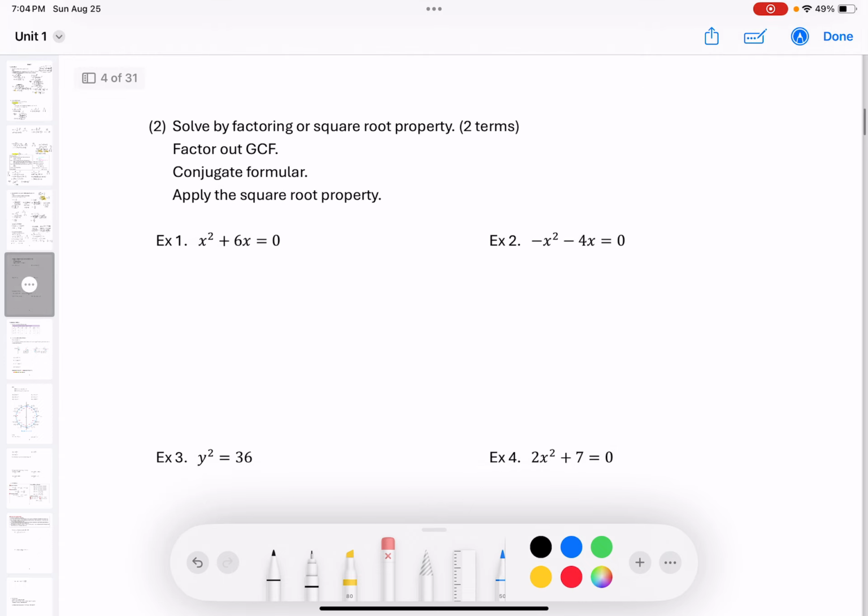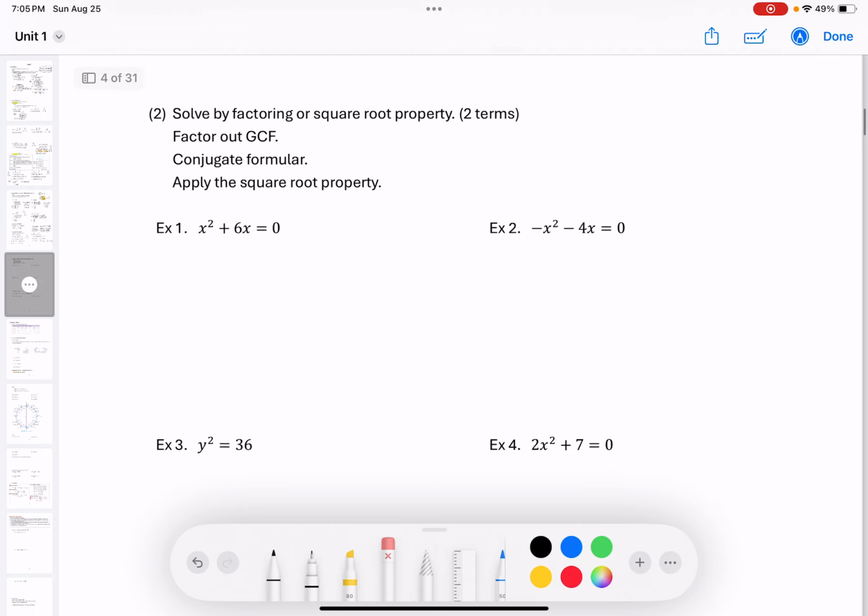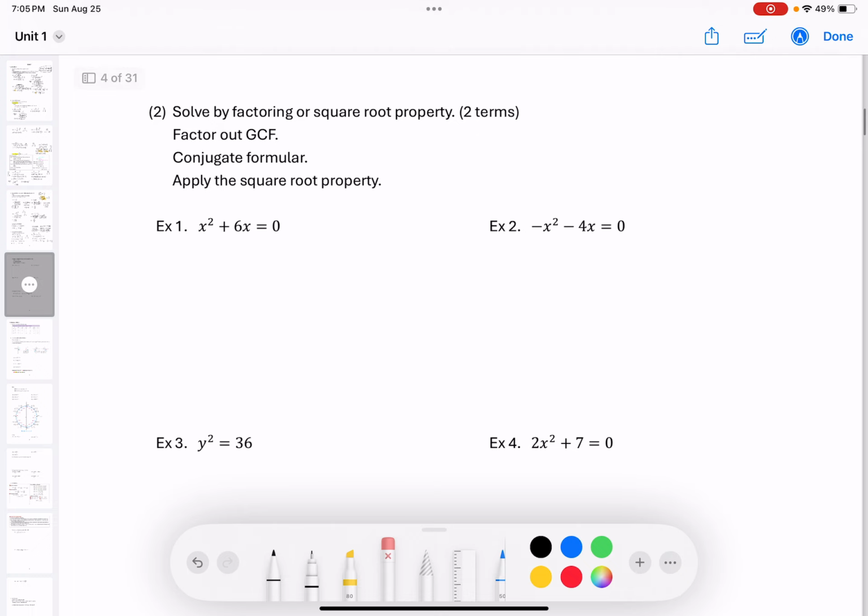Okay, let's see. Solve by factoring or square root property. Here it says two terms. If my expression has two terms, maybe we can use factoring or the square root property to solve for the variable. So factor out the GCF. First one, factor out the GCF.